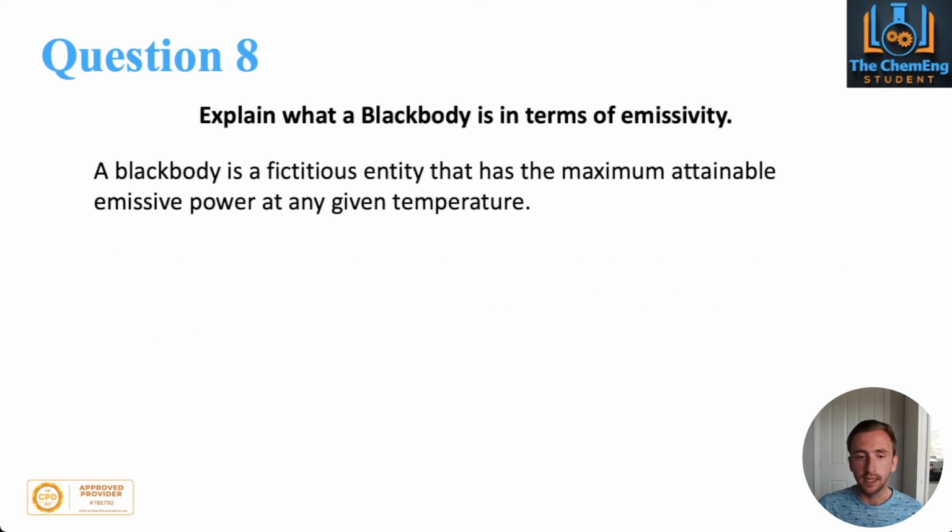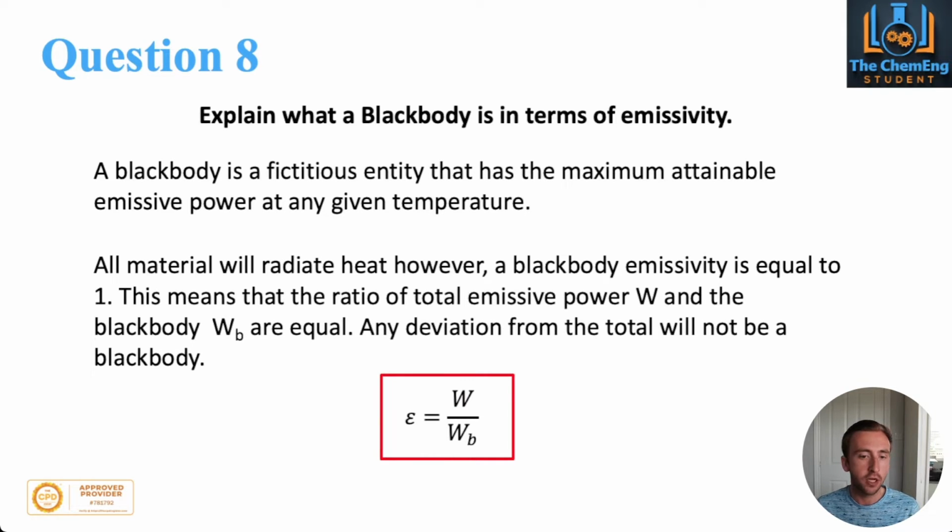But a black body, in its simple terms, is a fictitious entity that has the maximum attainable emissive power at any given temperature. So what this basically means is that because all material will radiate heat of some order of magnitude, the black body emissivity is equal to 1.